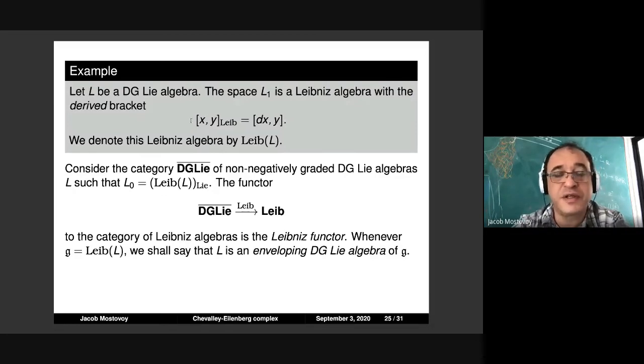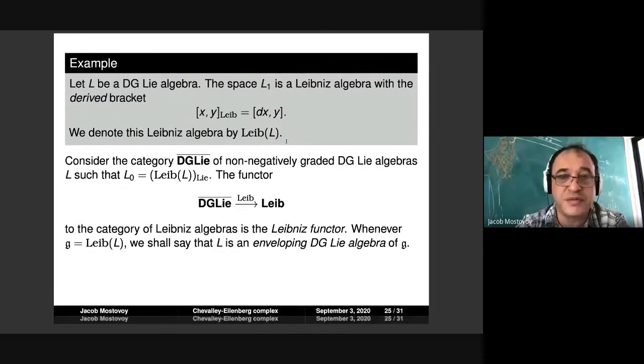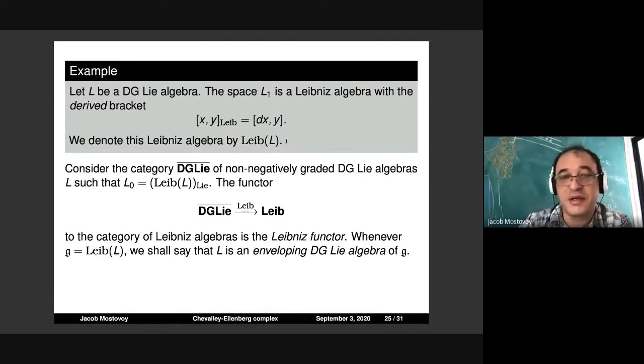You can find this observation in many papers by some physicists, by Stasheff and co-authors. This is actually elementary, but strangely it was completely missed for a long time.